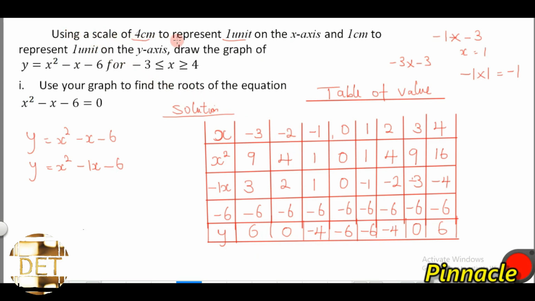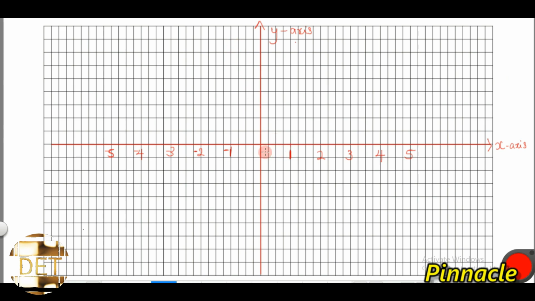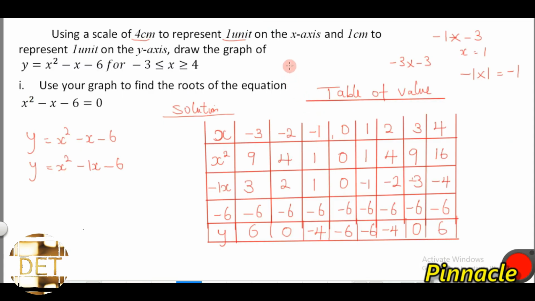Each of the boxes represents 1 centimeter. So this is 1 centimeter, 2 centimeters, 3 centimeters, then we have our 4 centimeters. So each 4 centimeters represents 1 unit. That's on the x-axis.